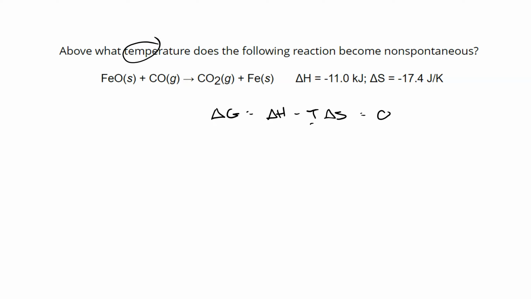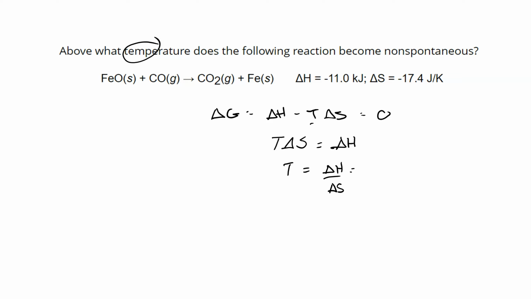And I'm just going to add the term T delta S to both sides, giving us this relationship, and then I'm going to solve for temperature. And now that we have a working relationship, I can substitute and solve.